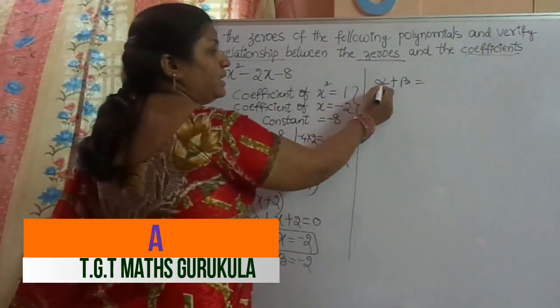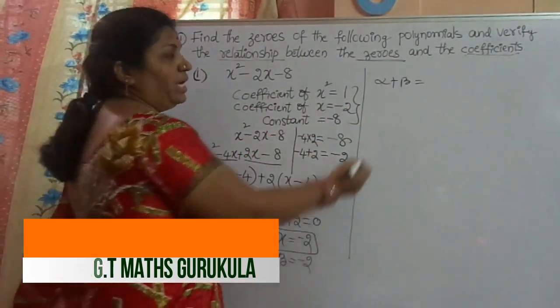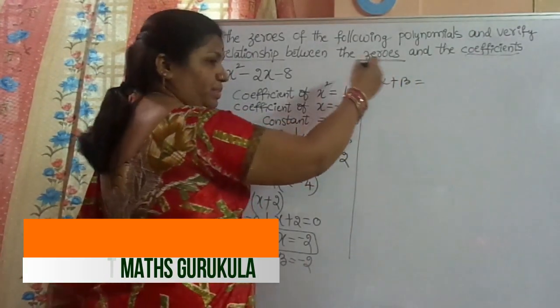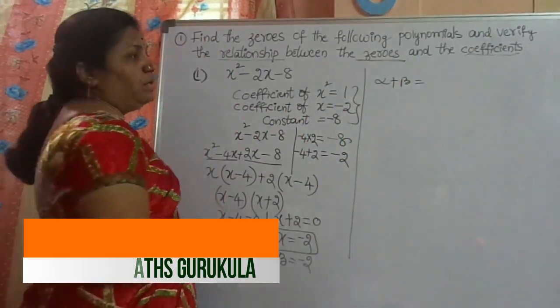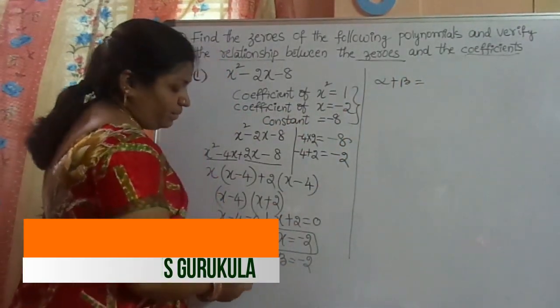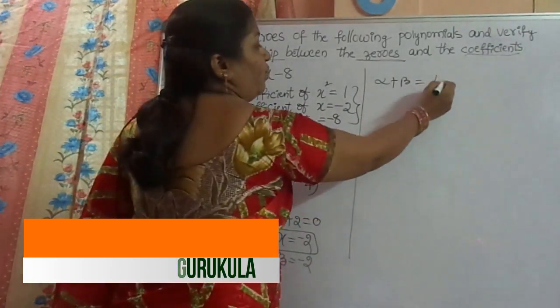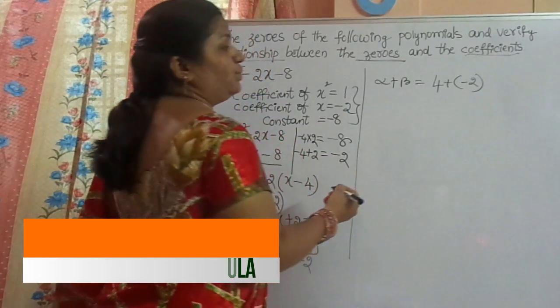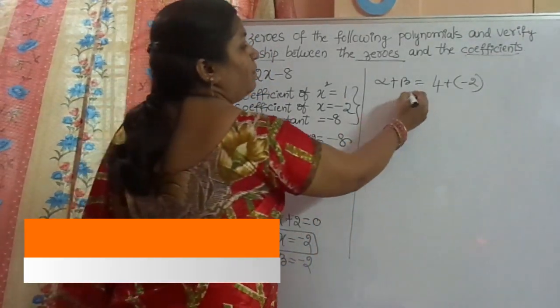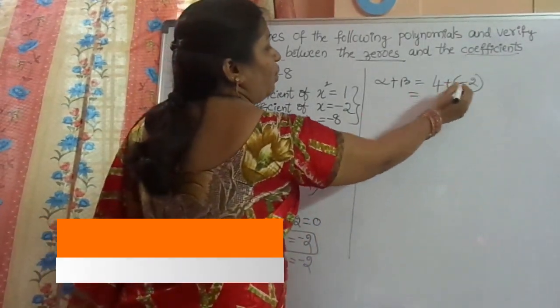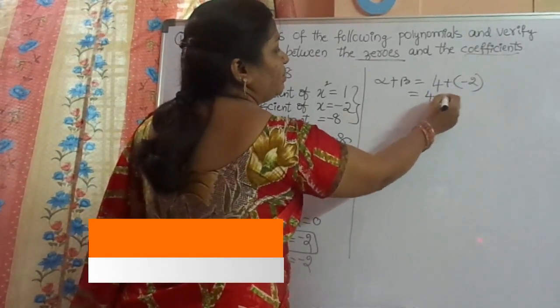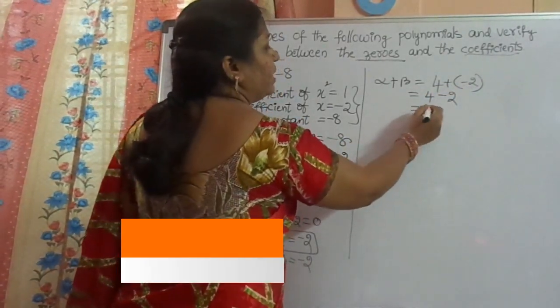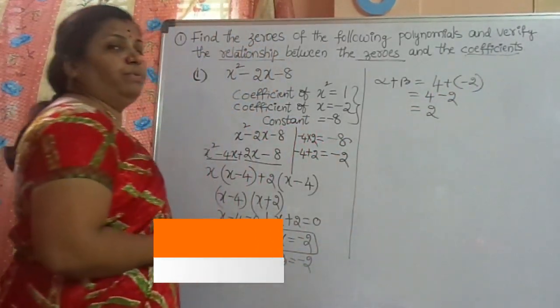Sum of zeros means alpha is one zero and beta is another zero, so it is the addition of those 2 zeros. Alpha plus beta is equal to the first value, how much? 4, plus the second value, beta, minus 2. 4 plus minus 2, 4 minus 2 is equal to 2.